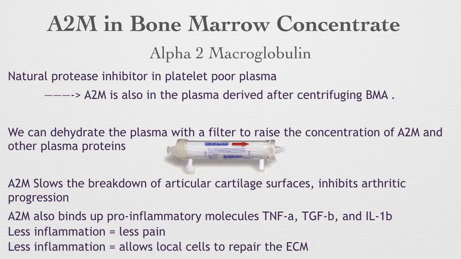It's important to note that just the process of centrifuging, as typically done in the office, will not raise the concentration of these plasma proteins because they're very small. So it's only the process of dehydrating the platelet-poor plasma that we can thereby raise the concentration of things like alpha-2 macroglobulin and IRAP.